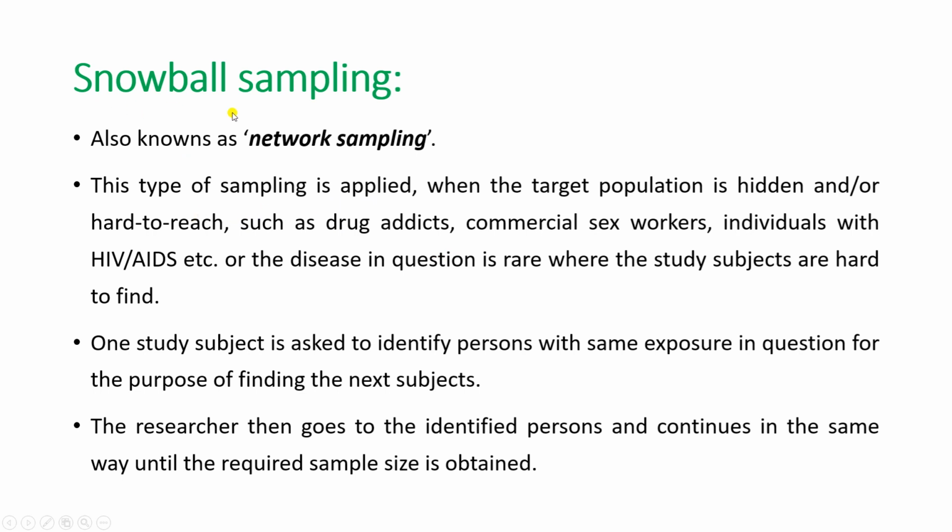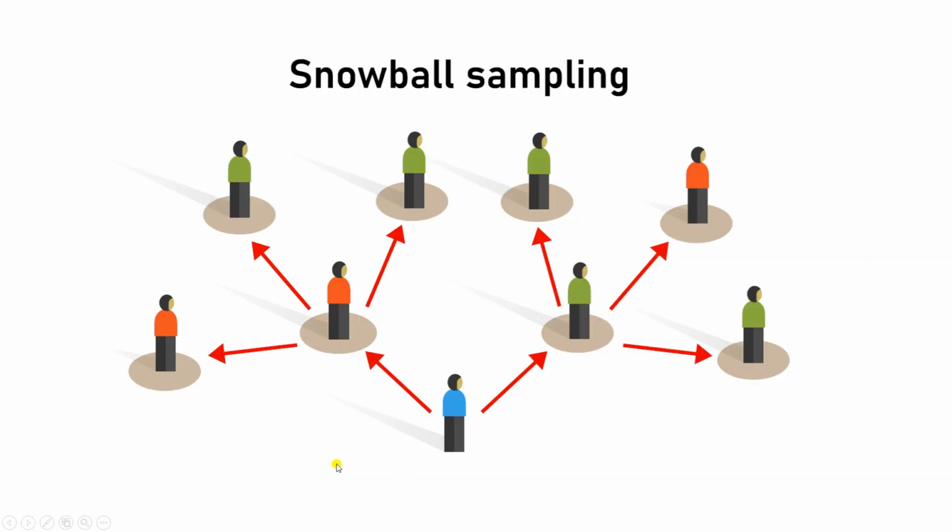So what they do, they go for the snowball sampling. So one study subject is asked to identify the person with the same exposure in question for the purpose of finding the next subject, right? The researcher then goes to the identified persons and continues the same way until the required sample size is obtained. So I will show this individually.